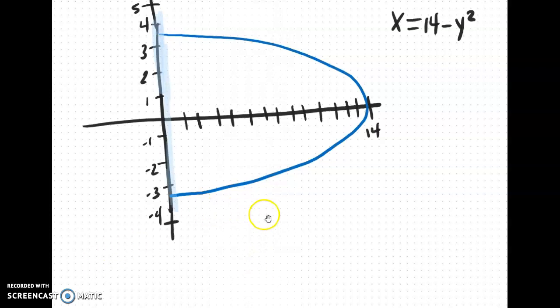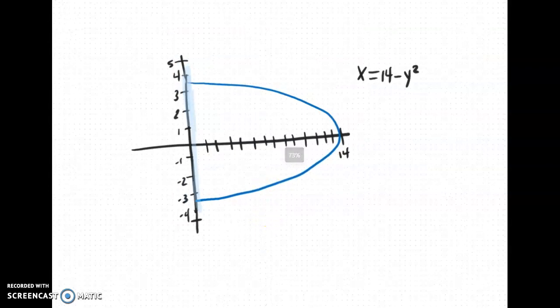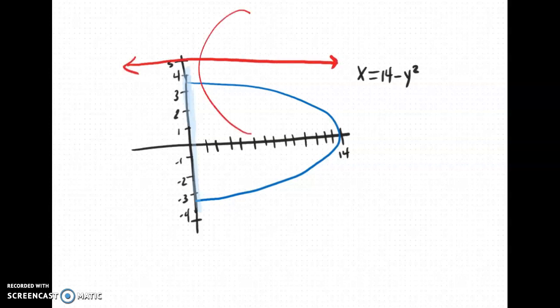And so we're going to be rotating this region around the line y equals 5. So around this line. And so we get that three-dimensional shape that we see. So this is going to rotate around. So we want to know our A and our B here.